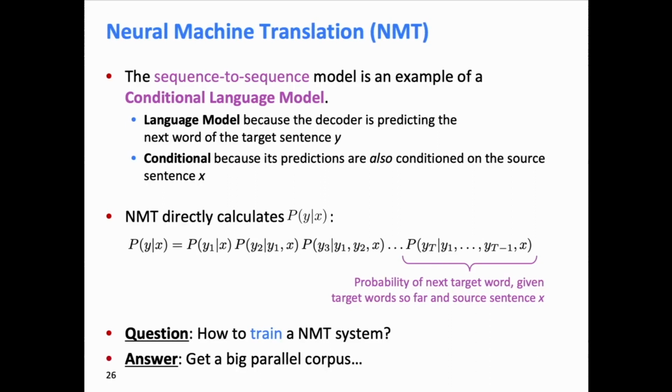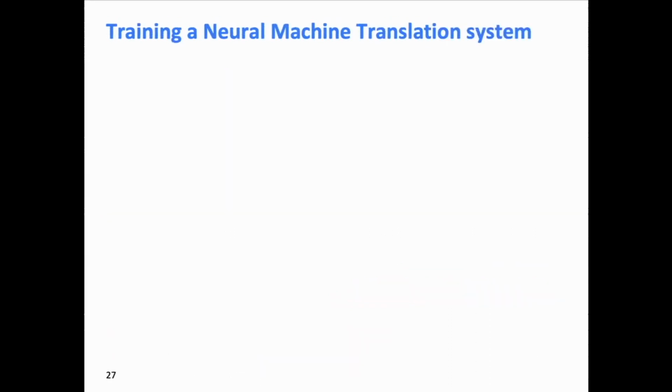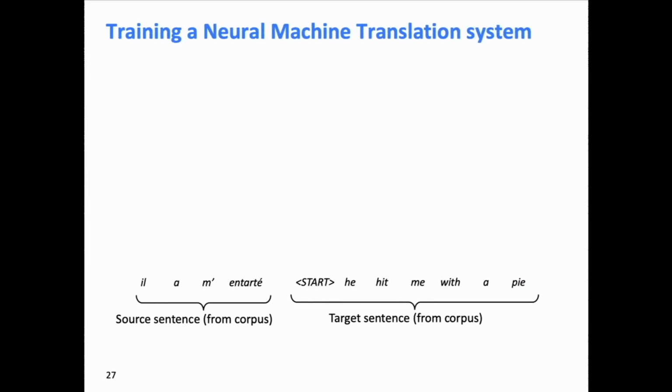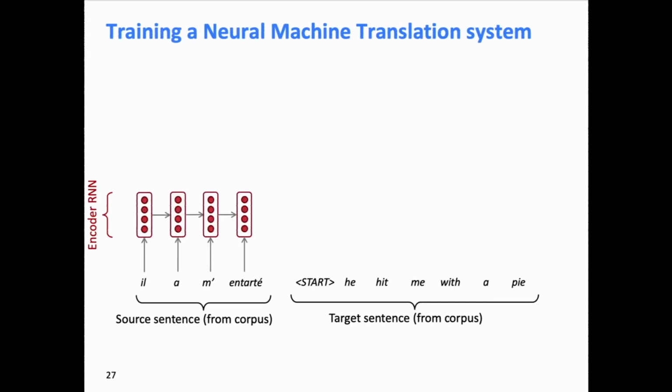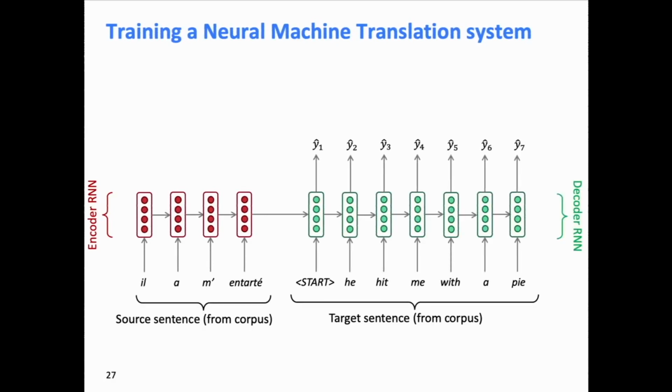So you get your big parallel corpus, and then let's say you have your sentence pair from your parallel corpus. This is what happens during training. You feed your source sentence into the encoder RNN, and then you feed your target sentence into the decoder RNN, and you pass over that final hidden state to be the initial hidden state of the decoder. Then for every step of the decoder RNN, you produce the probability distribution of what comes next, which is the y-hats.